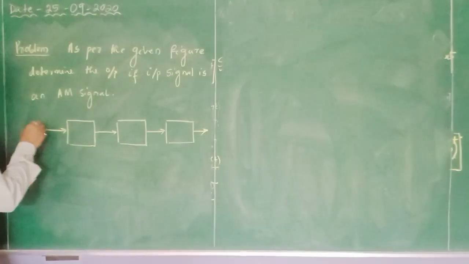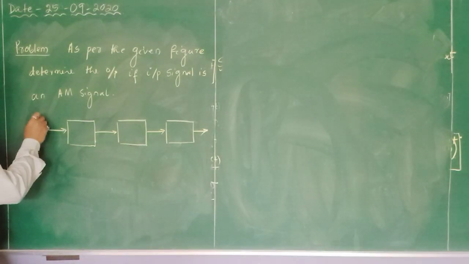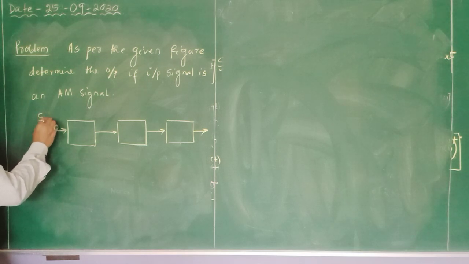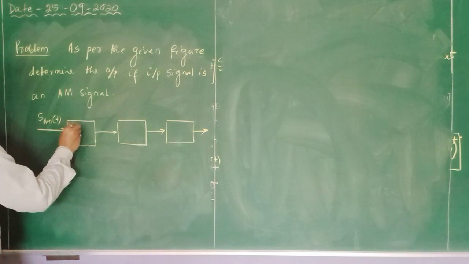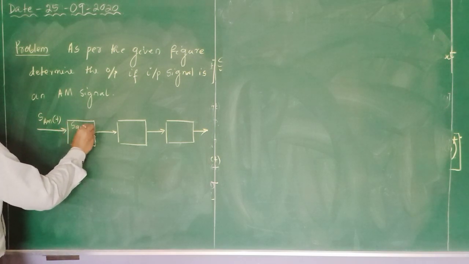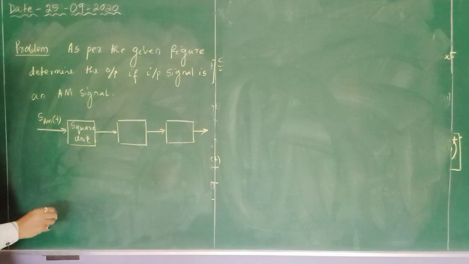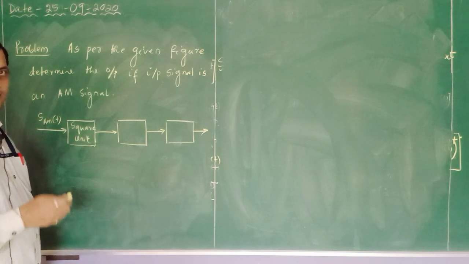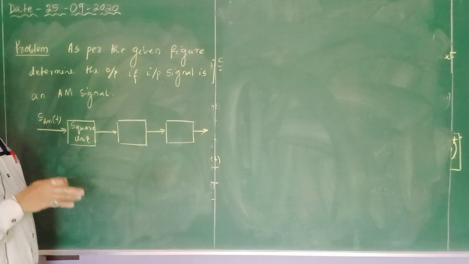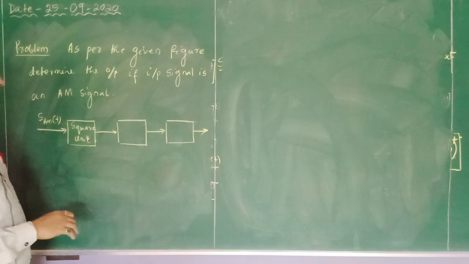So here we are providing the input as an AM signal, S suffix AM. The first block is the square unit. This question is related to the square law demodulator or square unit demodulator.